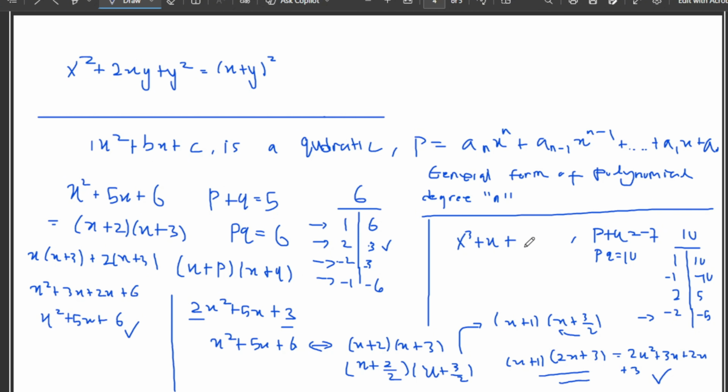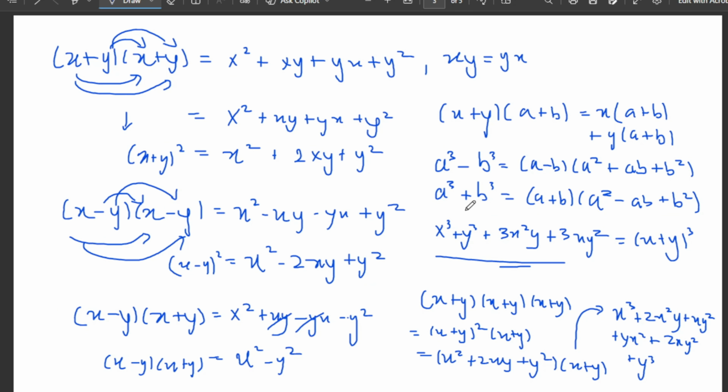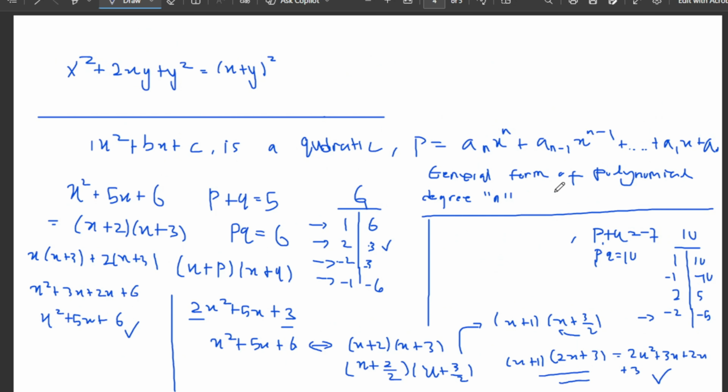There is an actual formula, but I'll teach it later. Instead, if the expression is in the form of a perfect cube, we can factorize it. But in this case, we cannot factorize it. I mean, we can factor out x squared, but this is the factorized form, plus 1.